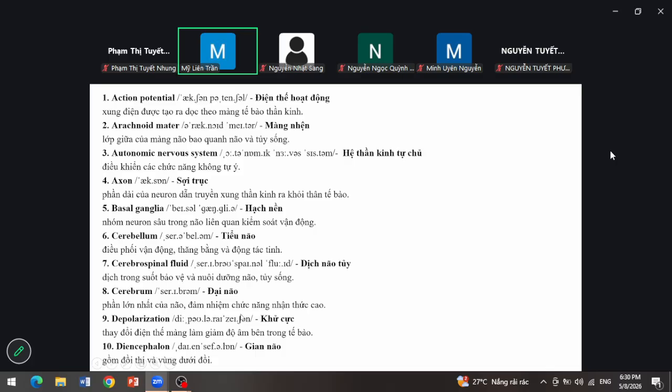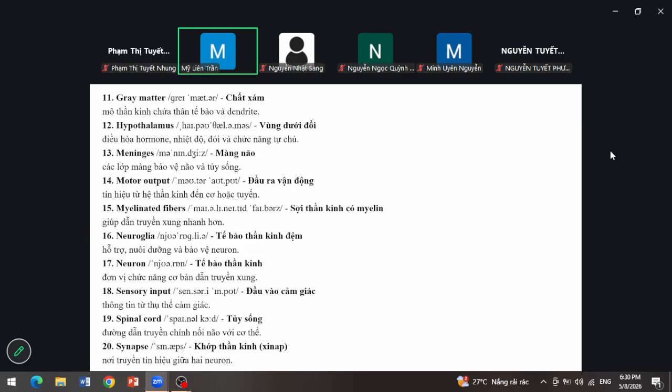Depolarization. Diencephalon. Gray matter. Hypothalamus. Meninges. Motor output. Myelinated fibers. Neuroglia, neuron, sensory input, spinal cord, synapse.